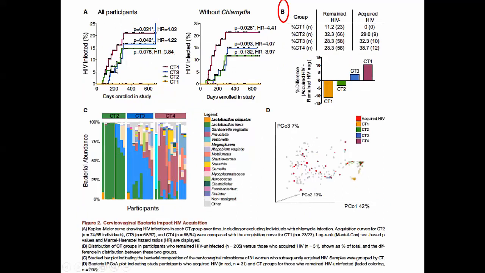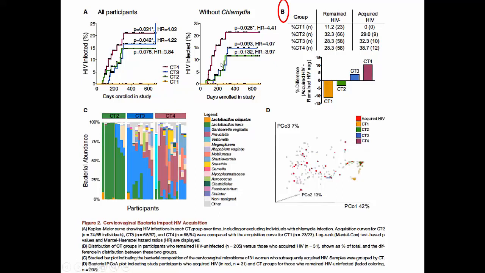And what you're looking at here is, among all participants, what was the prevalence of HIV infection or the incidence of HIV infection by these community state types. And what you can see is that if you had community type 1 down here, you did not get HIV infected at all. And I'll show you that in a minute a little bit better.